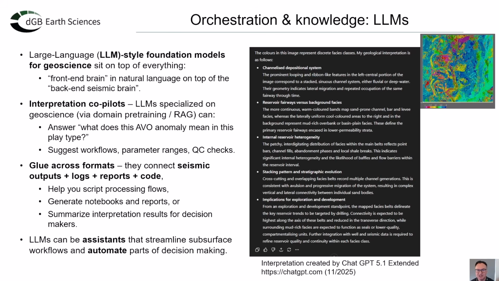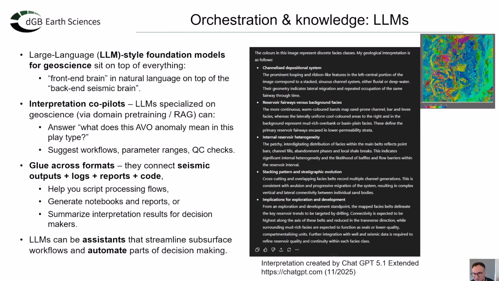So we can have interpretation co-pilots, which specialize on geoscience via domain pre-training, retrieval augmented generation, and they can help us answer questions like, what does this AVO anomaly mean in this play type? Suggest workflows, parameter ranges, QC checks, and provide kind of a glue across formats where they can help us script processing flows, generate notebooks, reports, summarize interpretation results for decision makers, and they can be valuable assistants that streamline these workflows and automate decision making.